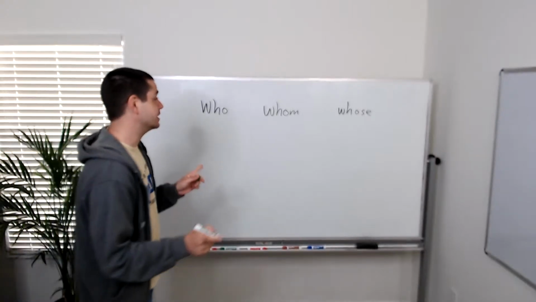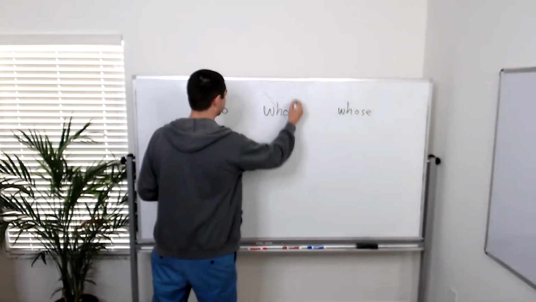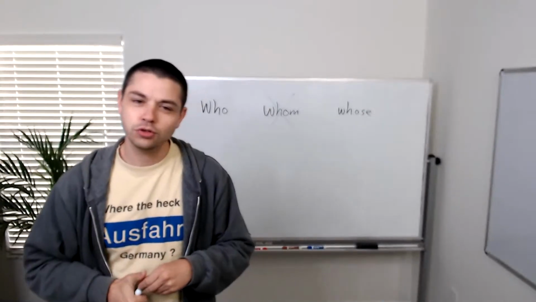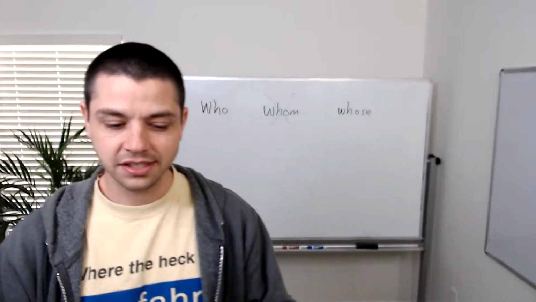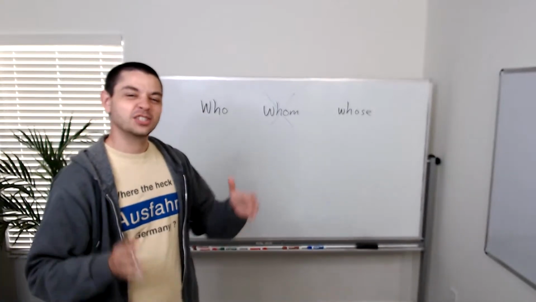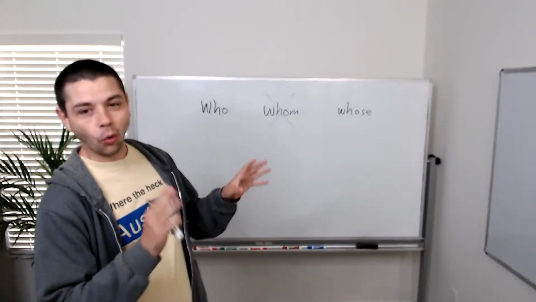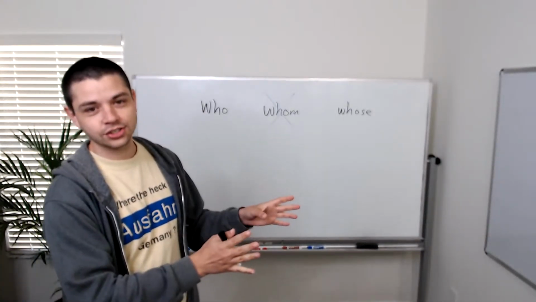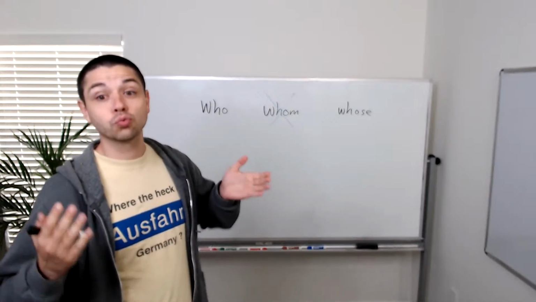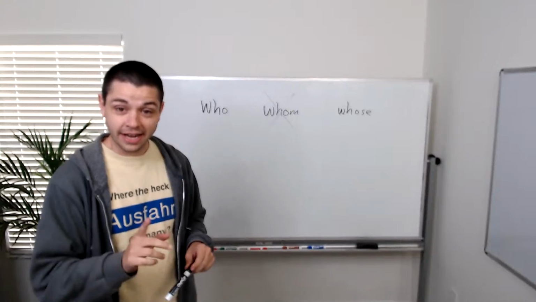And that word is whom. You don't have to say whom. Today, you don't have to say whom. Sure, in the old rules of English, we said whom, and there was a rule. And I'm going to tell you this rule right now.